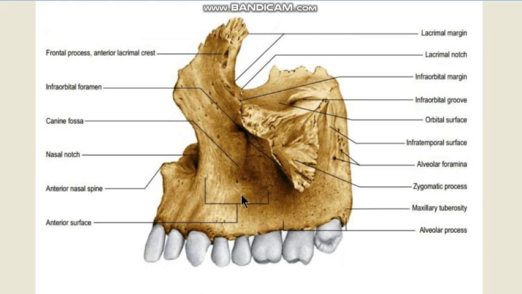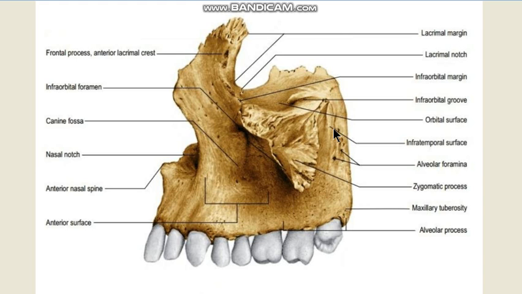And as you can see in this picture, the maxilla has got a body which is more or less pyramidal, a three-sided pyramid with its apex here at the zygomatic process, the base here on the inner or the nasal surface. You have an anterior or facial surface of the body with the nasal notch.